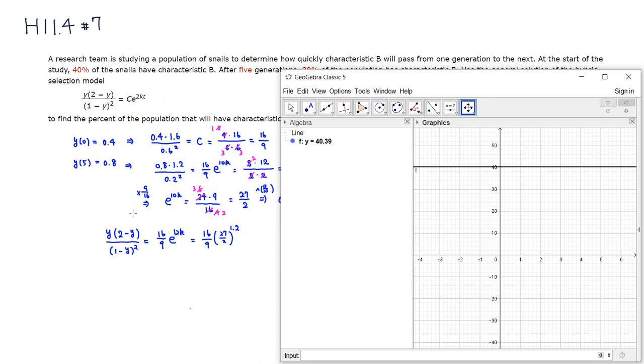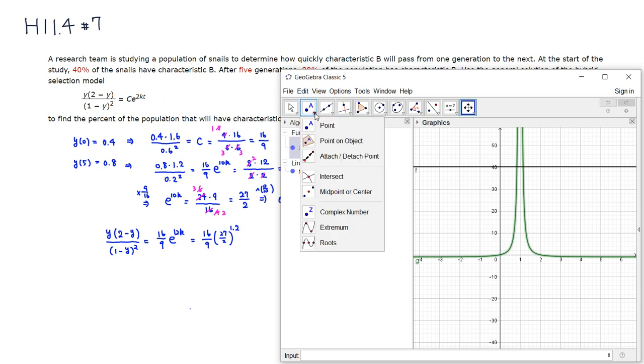Then I'm going to sketch the left-hand side, but I have to use x instead of y. So it's going to be x times 2 minus x divided by 1 minus x squared, right? All right, then we are looking for the intersection point.